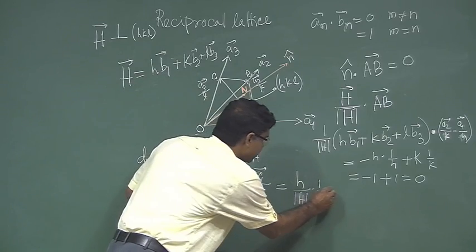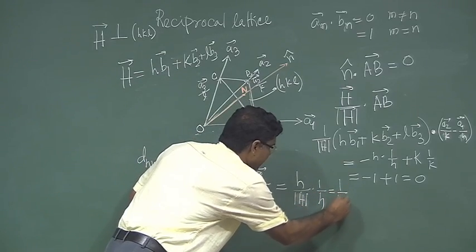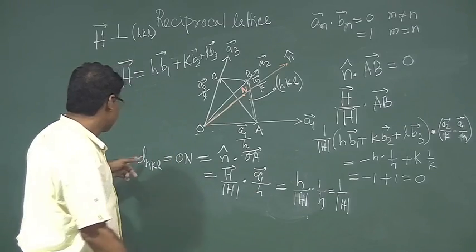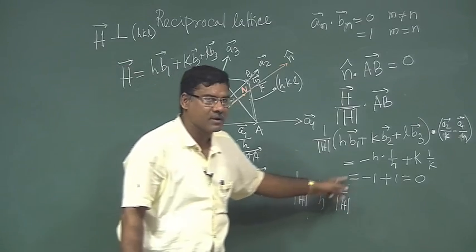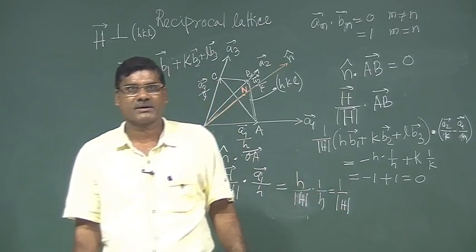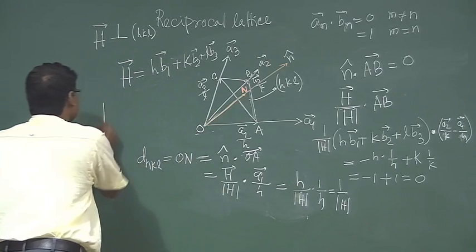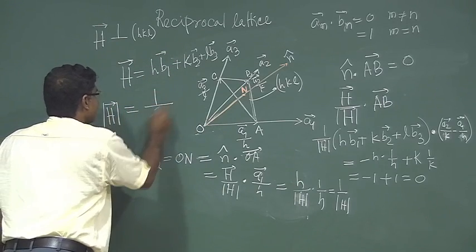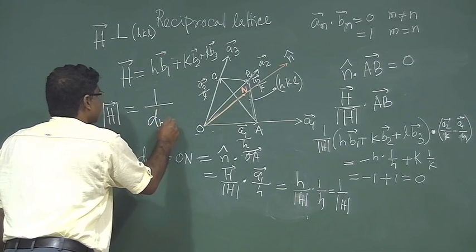So basically you are getting 1 by magnitude of H. So dHKL is equal to 1 by magnitude of H, right. So magnitude of H is nothing but 1 by dHKL.